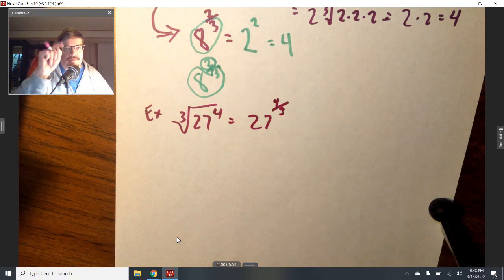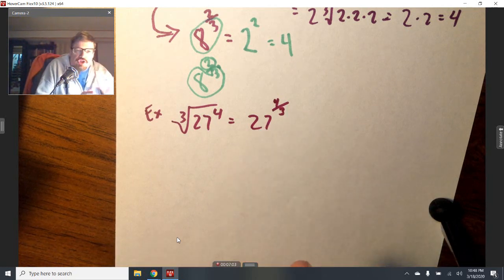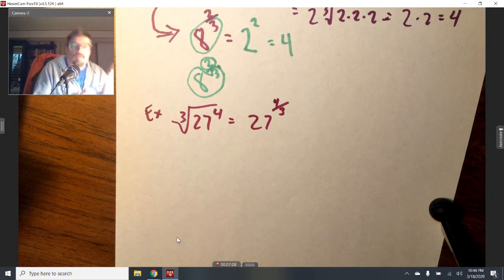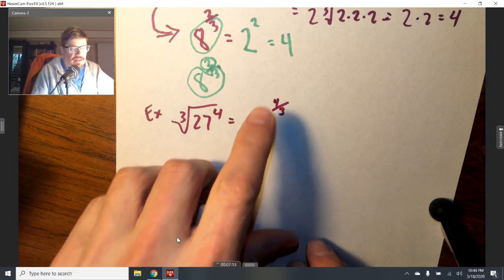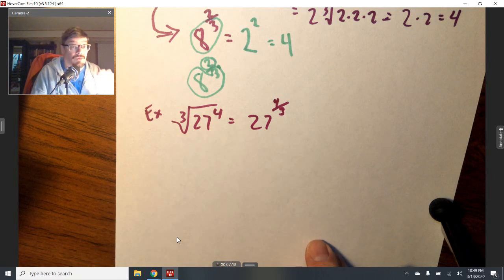These two are identical representations. So what we do is focus on the root first. Let's shrink 27 to its lowest root, and then raise it to the power. It's a lot easier than going the other way around. If I went 27 to the 4th power, which is 27 times 27 times 27 times 27, and then took out all the triples, that would take forever. Let's do it the other way around.